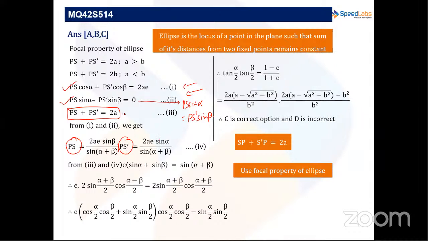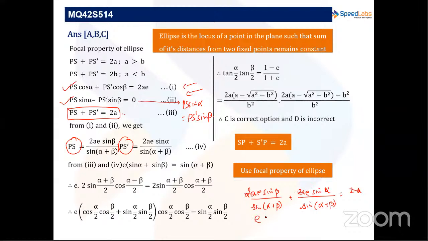Now, substituting these two values in 3, so you will be getting 2ae sin beta by sin alpha plus beta plus 2ae sin alpha by sin alpha plus beta equals to 2a.